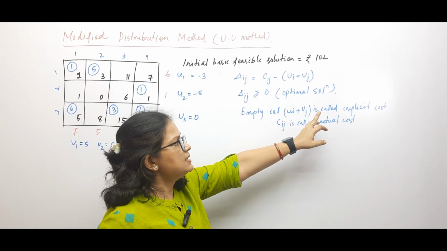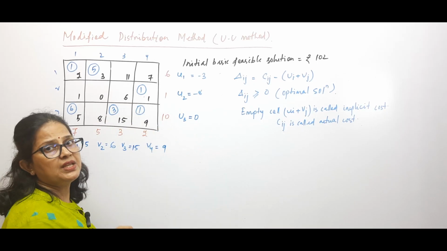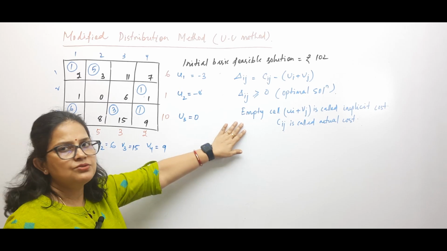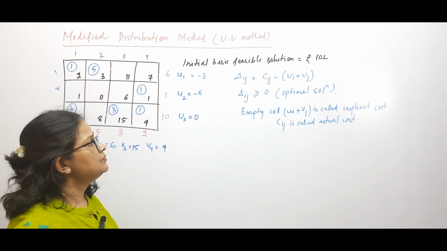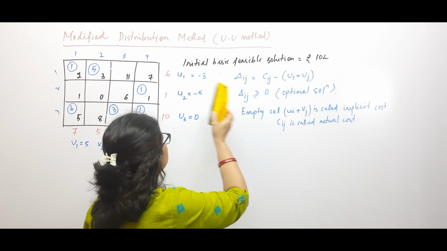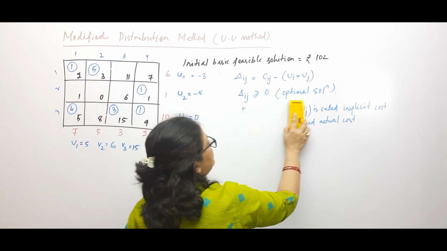Ui plus Vj is called the implicit cost for the empty cell. Cij is called the actual cost. So we need to compare those. So for that, what we need to do? We need to calculate the delta ij for the unallocated cells. Let us calculate the delta ij value.